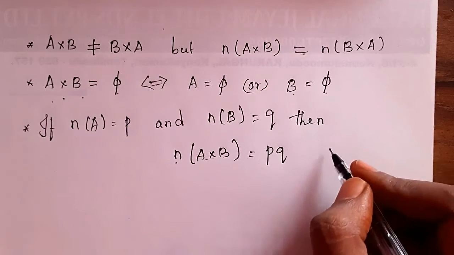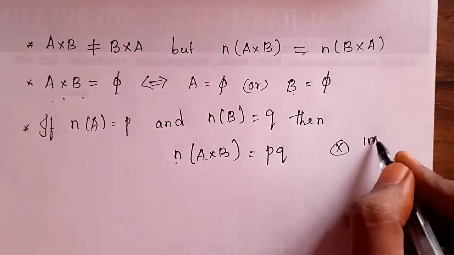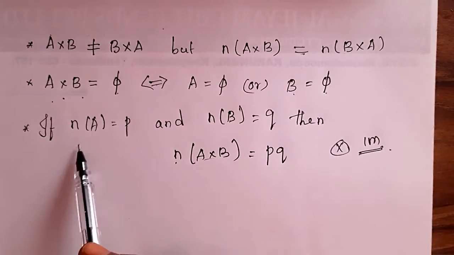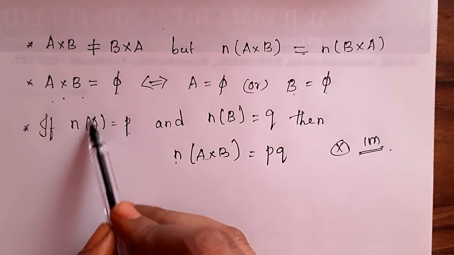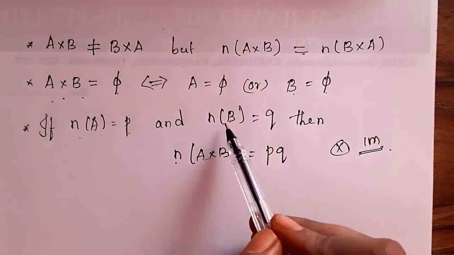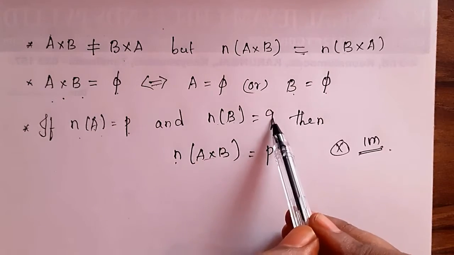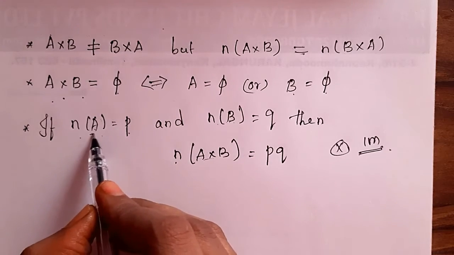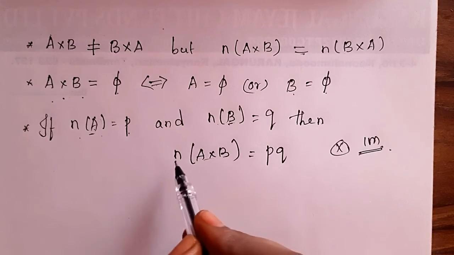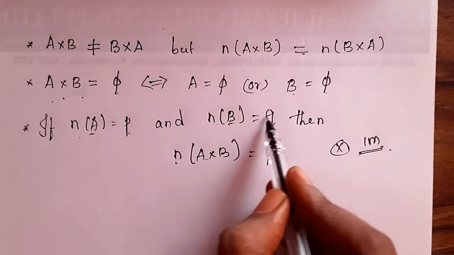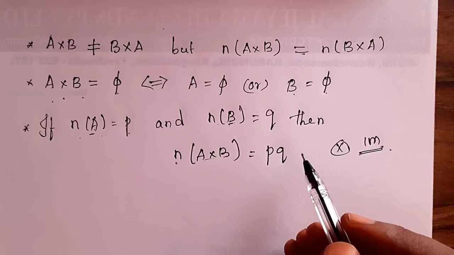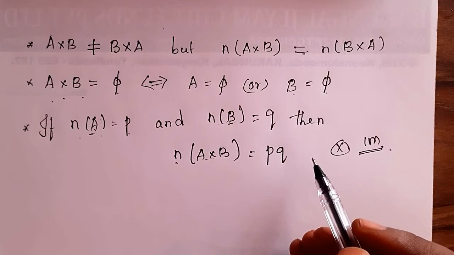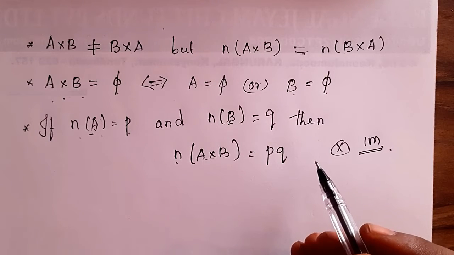This is one more important question. So if n(A) is p, that means the number of elements in A is p, and the number of elements in B is q, then when you take the cross product of A and B, the number of elements is p times q. When you multiply both, you will get it. Okay, let's go through the examples. You will understand every concept clearly.